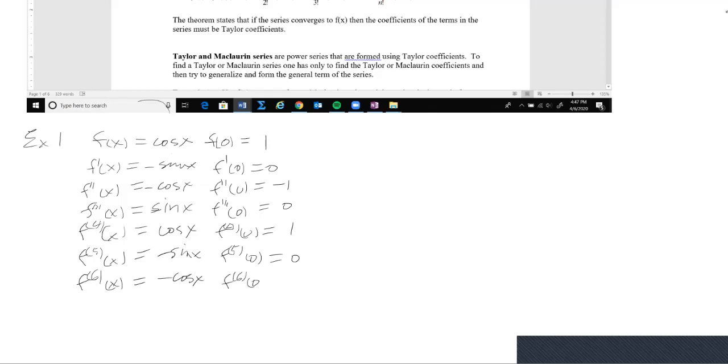I think it's going to be pretty easy to see the pattern here with these coefficients. So what we have is this series now.